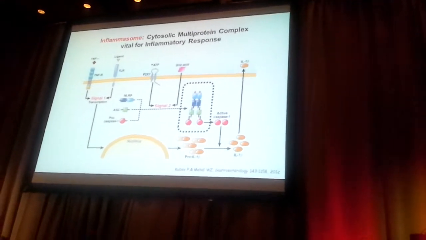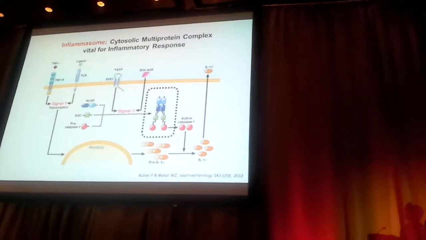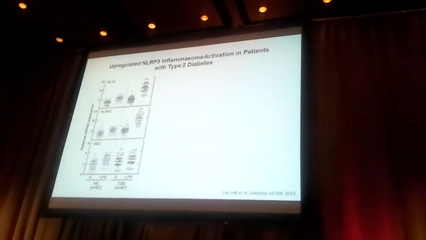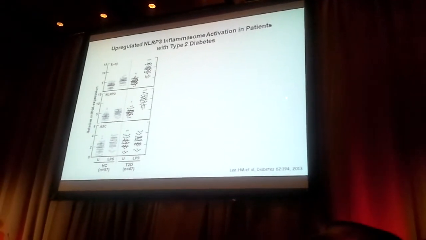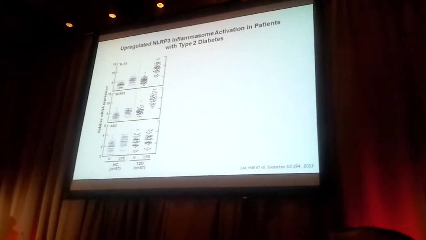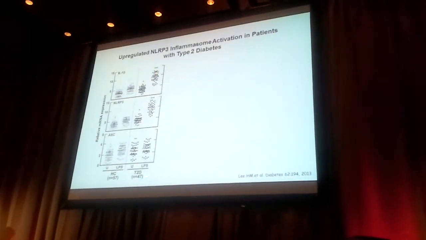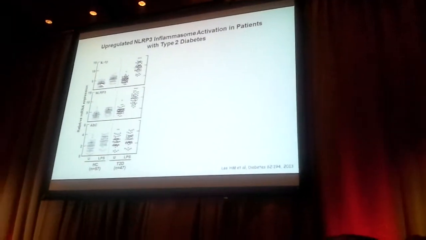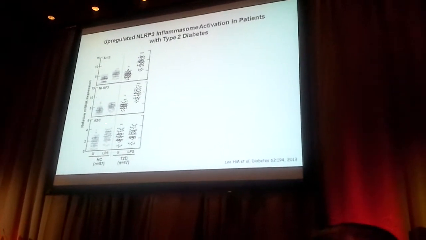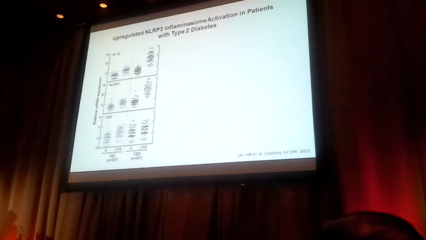The NLRP3 inflammasome is one of the most well-characterized inflammasomes to induce various human diseases. This is the data about the role of the NLRP3 inflammasome in patients with type 2 diabetes. As you can see here, compared to healthy controls, in newly diagnosed type 2 diabetic patients, IL-1 beta, NLRP3, and ASC expression was increased both at the constitutive level and LPS-induced.